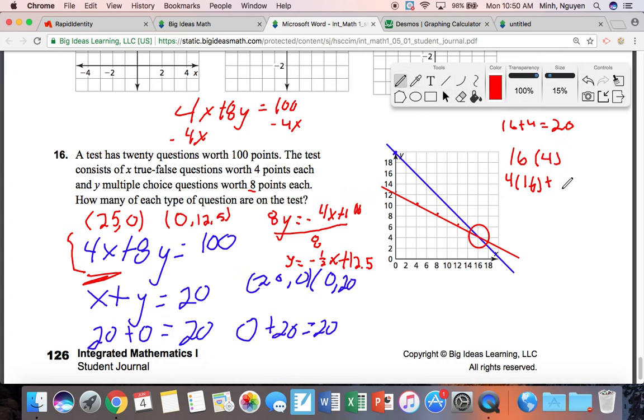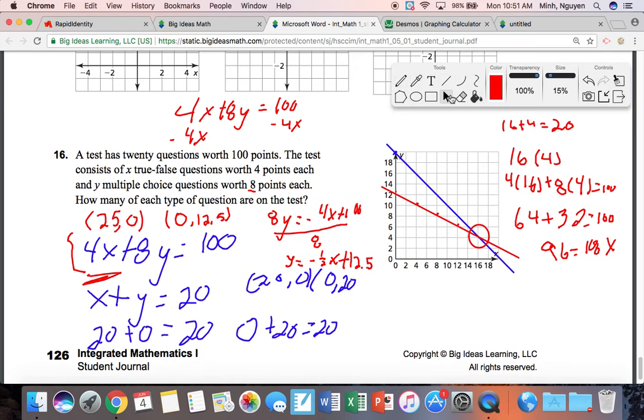It must be in the morning. So I have 64 plus 32 equals 100. Oh boy. So this is 96. Is that correct? Is 96 equal to 100? No. So what happened?